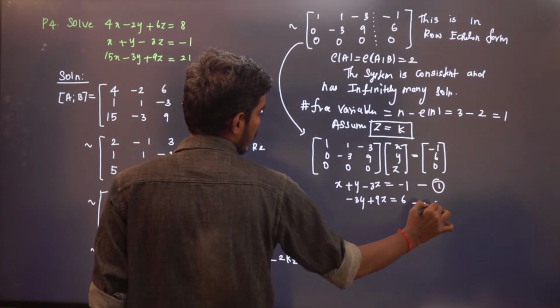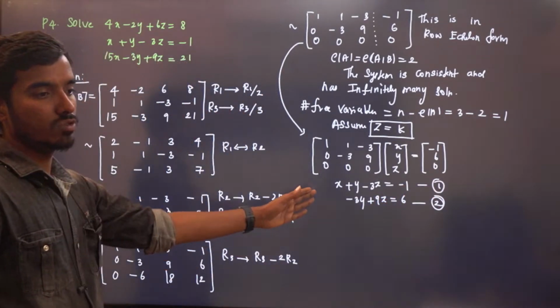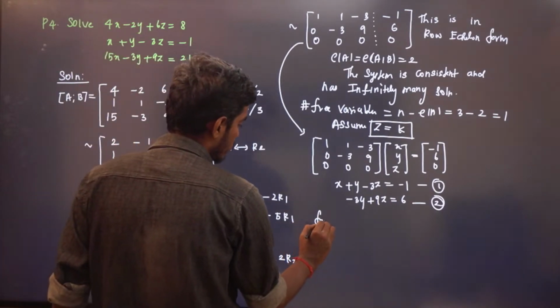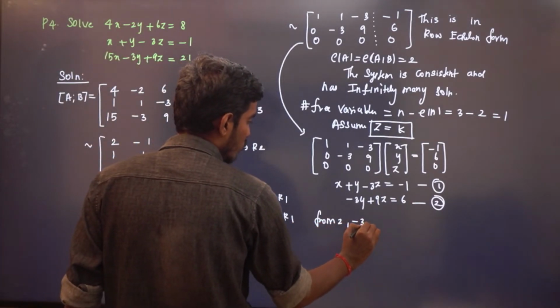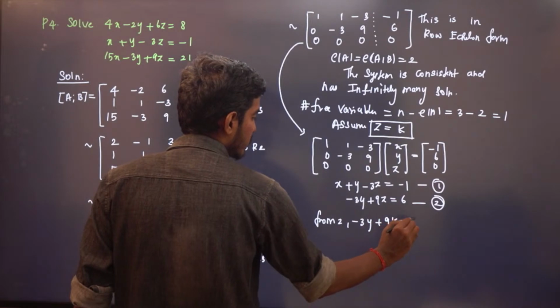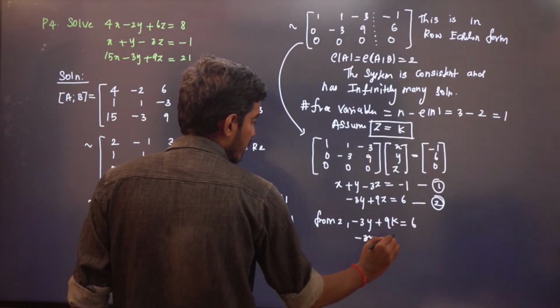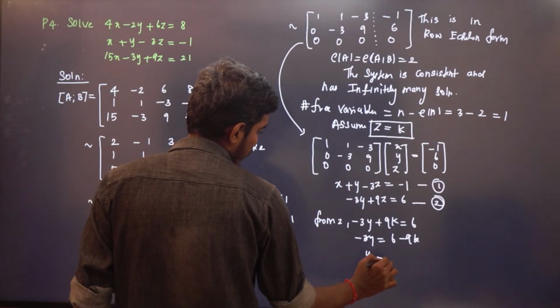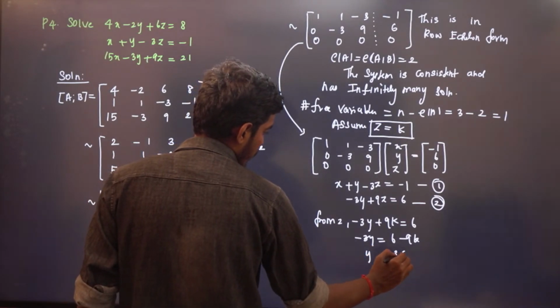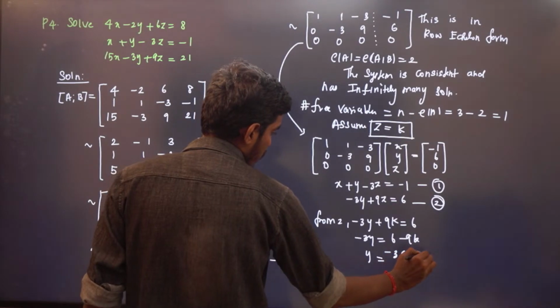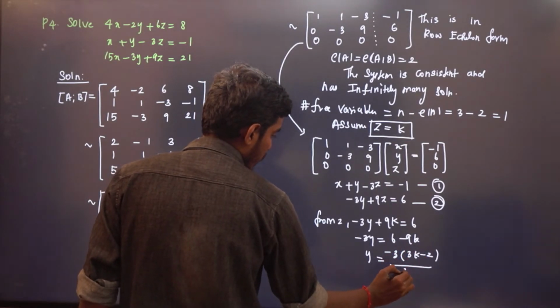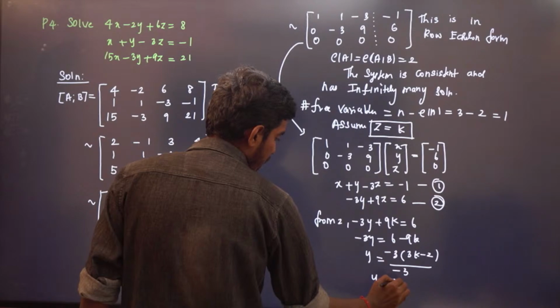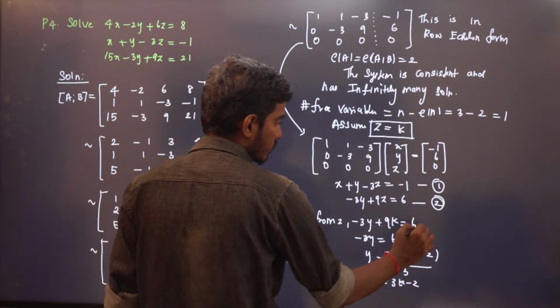So we have only two equations. So put z equal to k. From 2, minus 3y plus 9k is 6. So minus 3y is 6 minus 9k. So y is, you take minus 3 outside, you will have 3k minus 2 by minus 3. So y is 3k minus 2.